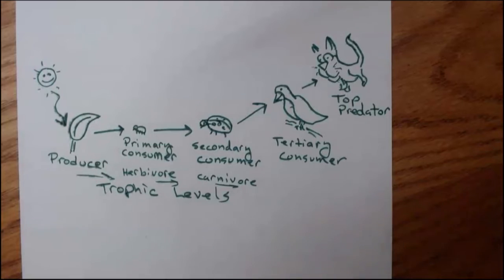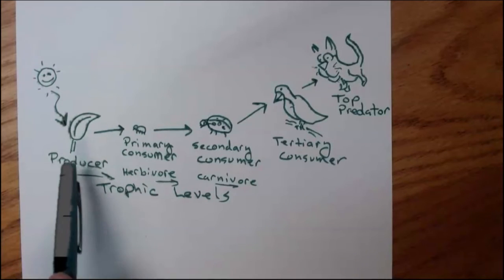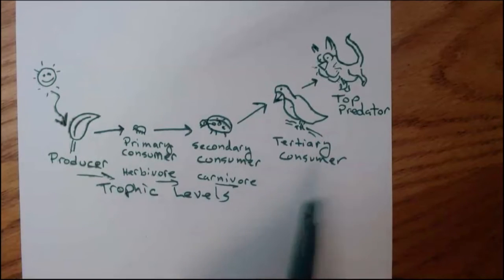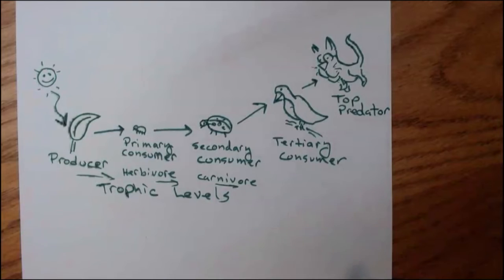Now, something I'm not going to stress, but it's true. There's another thing here called a decomposer. Decomposers are really important. What they do is take the organic material and convert it back into its basic nutrients that the plant can use again. So they can reuse the material. It's important to remember decomposers are bacteria, fungus, mushrooms.